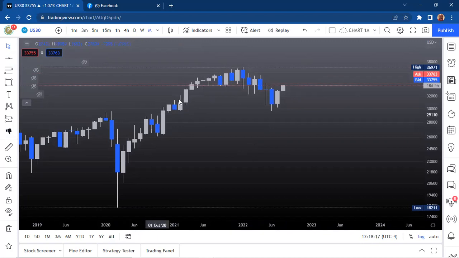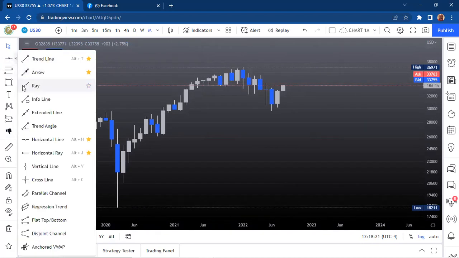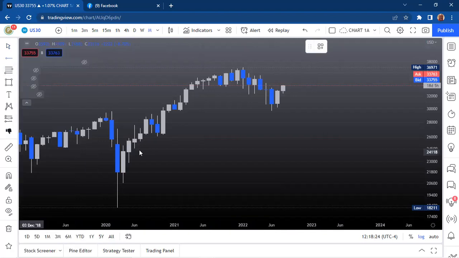So I see an uptrend over here, and then I'm going to find out where my first structure level is. If this is an uptrend and it's starting to go down, it started to move downward. But when I look at the left side, it's telling me that this blue candle right here was one of the levels where the market retraced back down and then went back up.